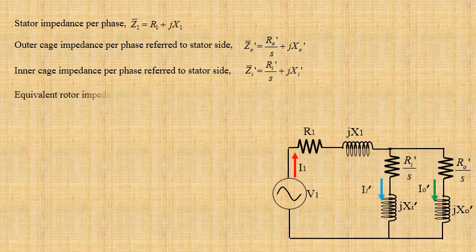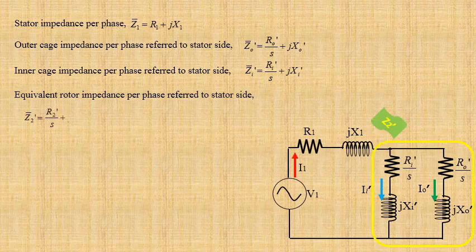Equivalent rotor impedance per phase referred to stator side Z2' equals R2'/S plus jX2', that is equal to Z0' in parallel with Zi'.